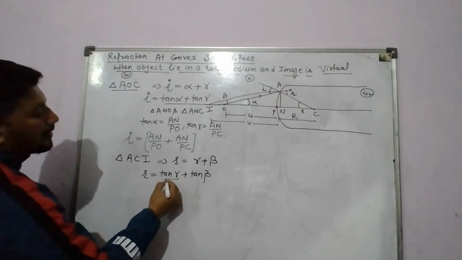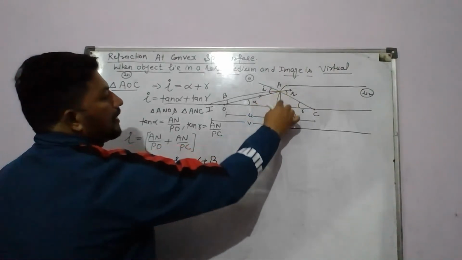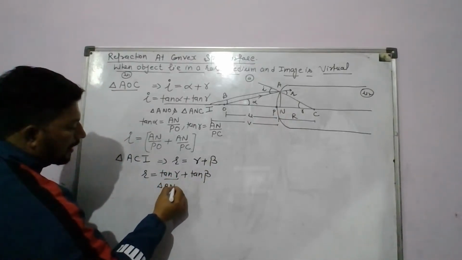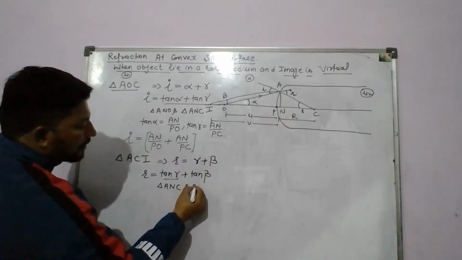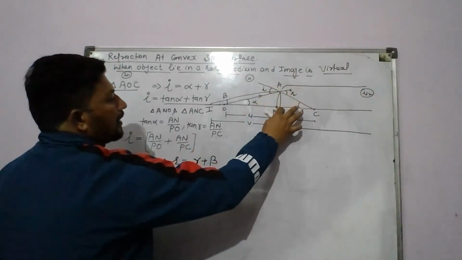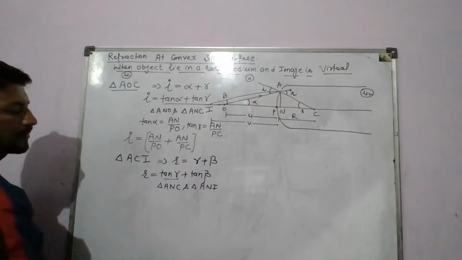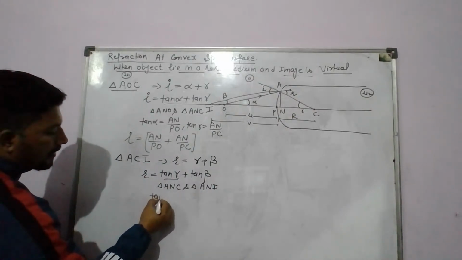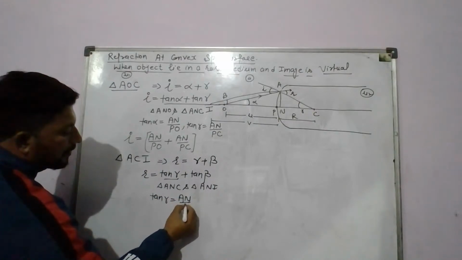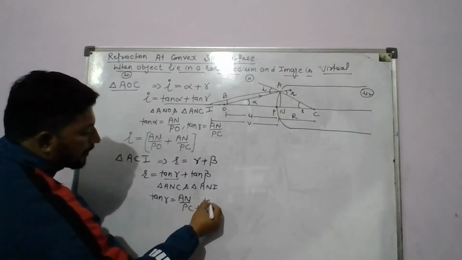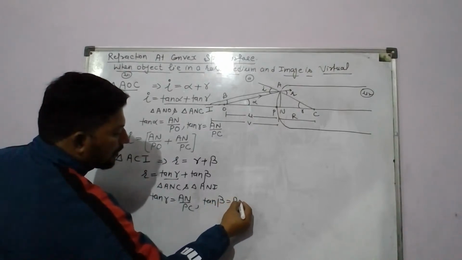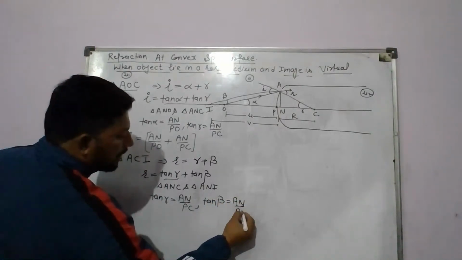Again the triangles of gamma and beta, ANC and ANI. So tan gamma is equal to AN upon PC, tan beta is equal to AN upon PI.